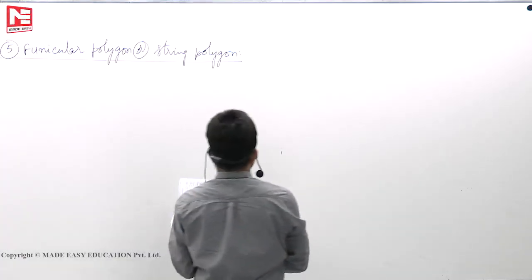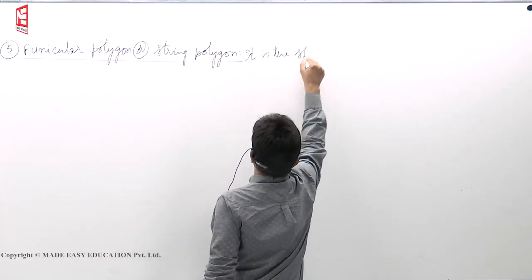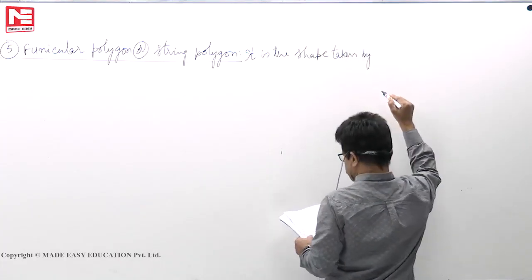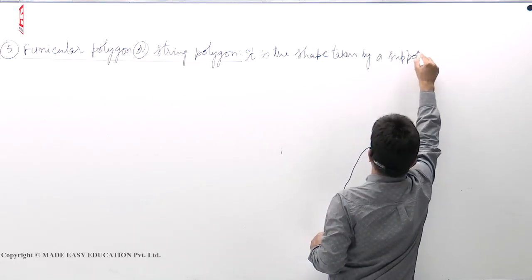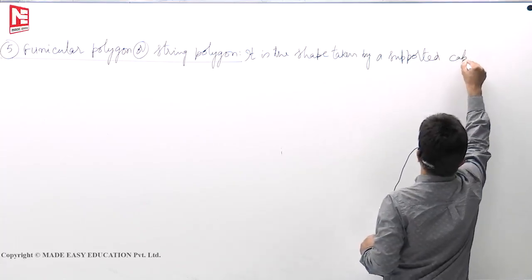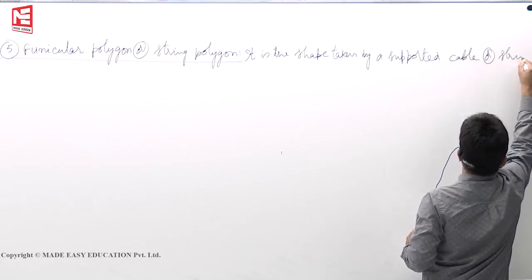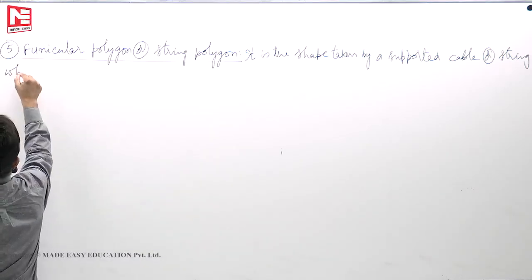That parabolic shape is called the funicular polygon. So, the funicular polygon is the shape taken by a supported cable or string when subjected to loads.